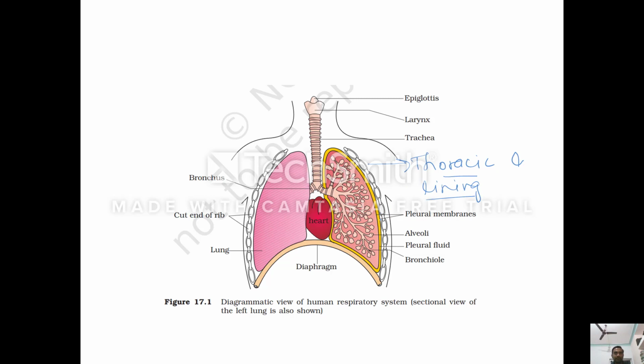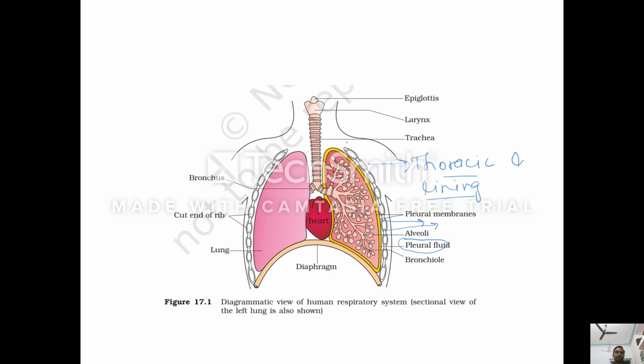This outer membrane is called parietal pleura, this inner membrane is called visceral pleura, and this small cavity is called pleural cavity, and this pleural cavity contains certain fluid which is known as pleural fluid. Here there is marking of pleural fluid.